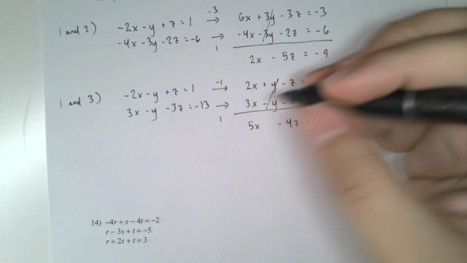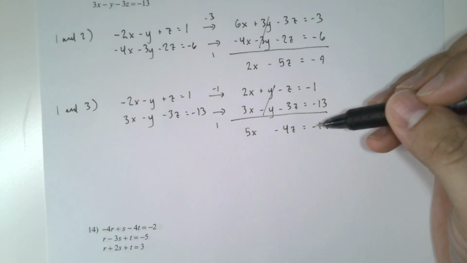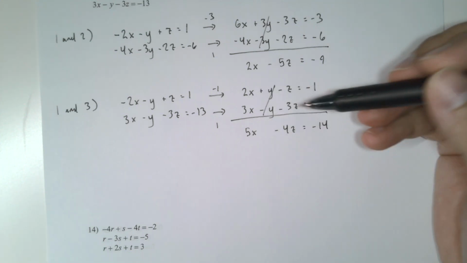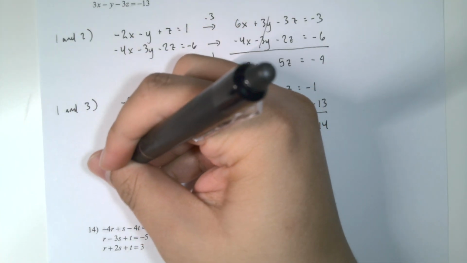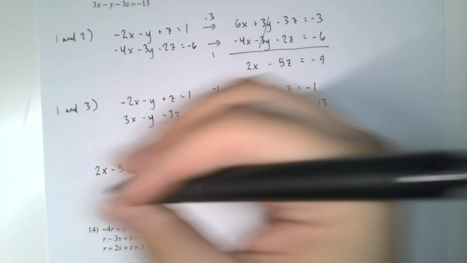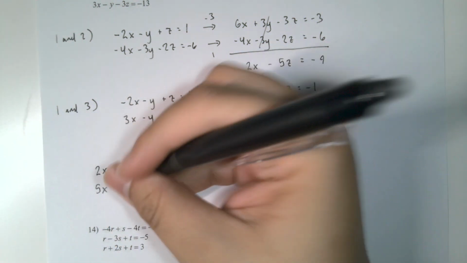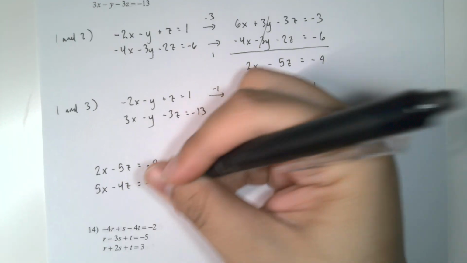Okay, so using these two equations that we have, now we've got to eliminate another variable. Just rewriting those, 2x minus 5z is equal to -9, and then 5x minus 4z is equal to -14.